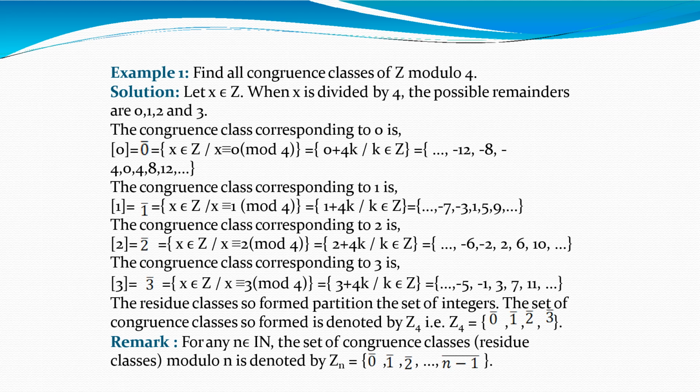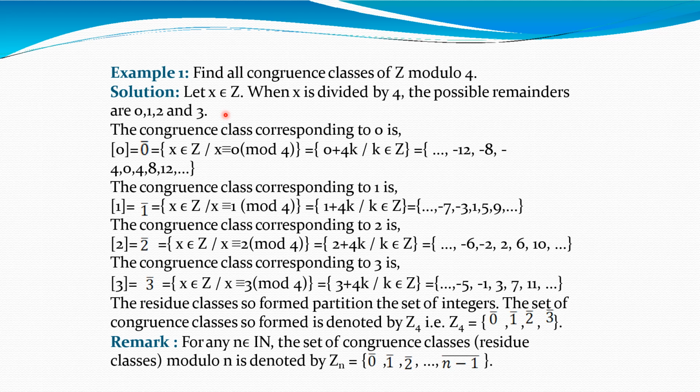Now, next example is find all congruence classes of Z modulo 4. Now already we have seen the definition of congruence classes of Z modulo n. Now we consider x as any integer. Now if we divide x by 4, then the possible values of remainders are 0, 1, 2, 3.